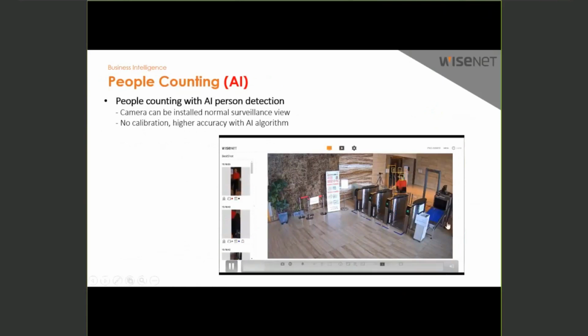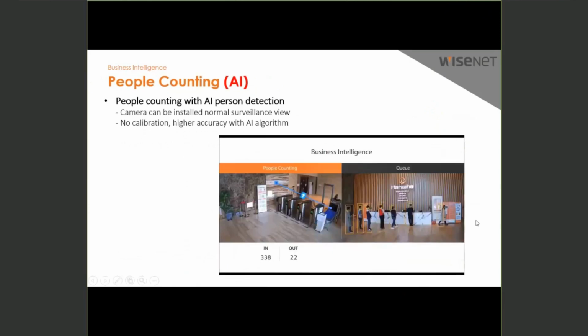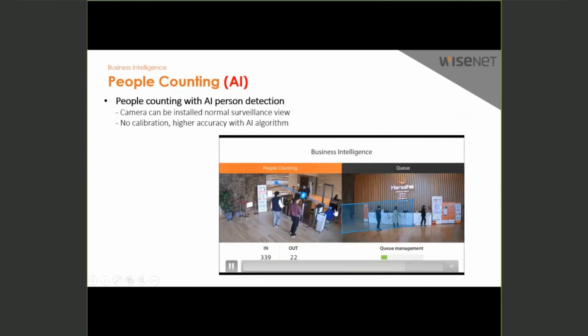Our AI camera can detect the person and face. This is a live view from the camera web page. So you can install the camera with just a normal surveillance angle, and then people counting can be done.